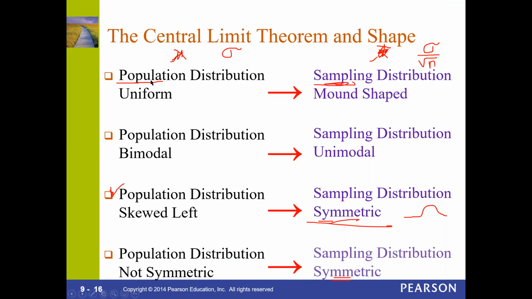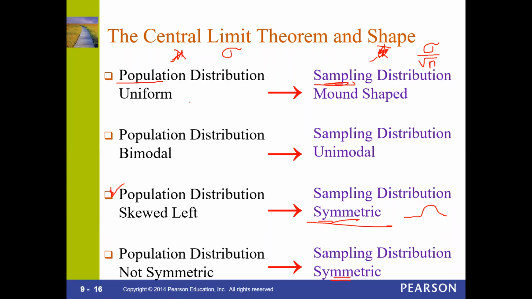This one wasn't really clear when I talked about it, so let me explain the idea behind it. If something is not normal, once you use the central limit theorem, whenever you have a sample size, you can have a normal shape. I wasn't clear enough about this one.